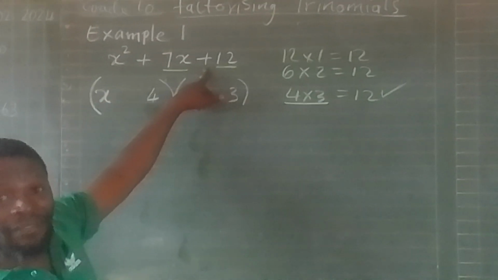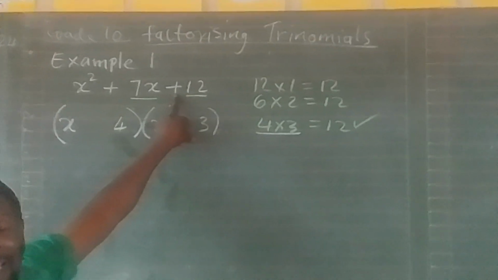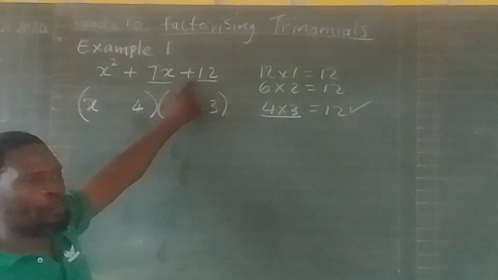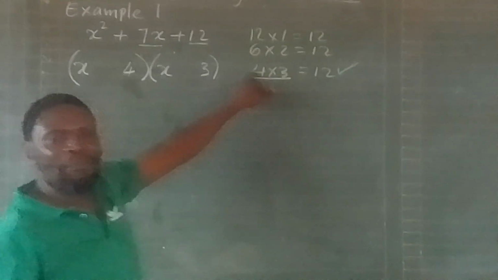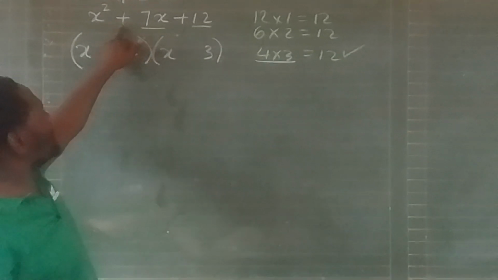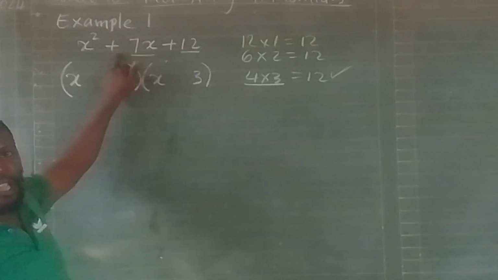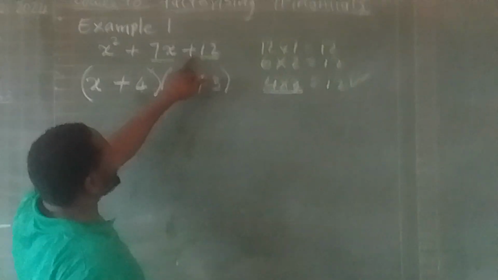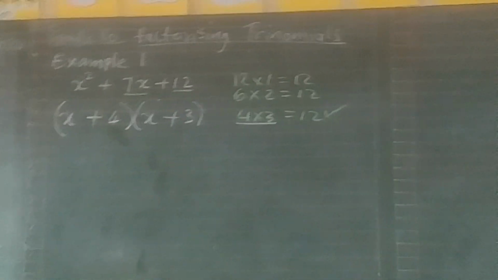If it was negative, it means that your factors' signs must not be the same. But in this case, it is positive. It means the signs here of 4 and 3 must be the same. This one tells us what? They both must be positive. You have factorized.